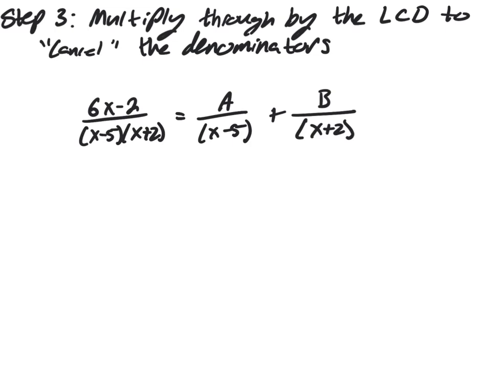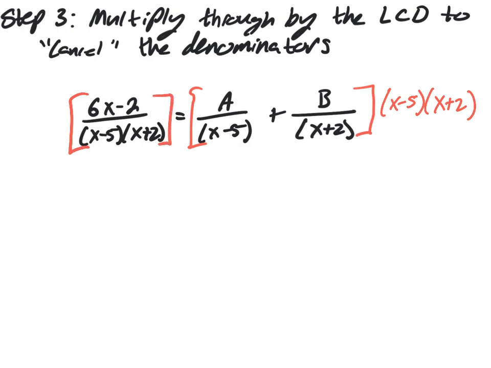And we're going to do something very similar, which is multiply through by the least common denominator in order to cancel out our denominators and be able to solve. If I'm looking at that, our least common denominator here is going to be x minus 5, x plus 2, and I have to do that on both sides. So on both sides, I'm going to multiply through by x minus 5 and x plus 2.